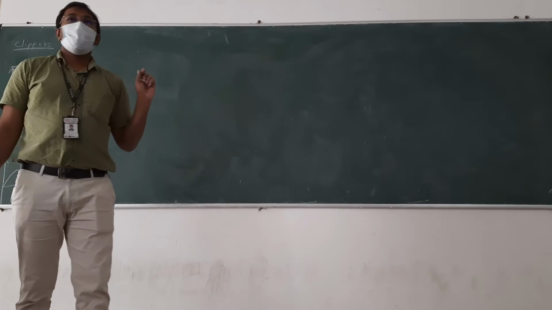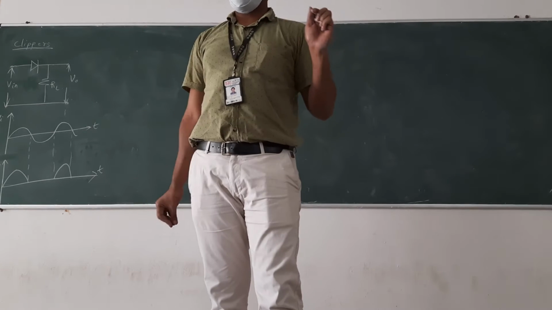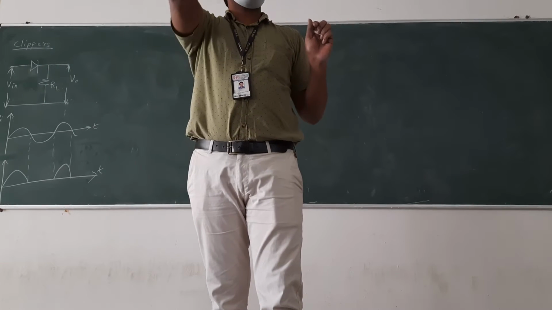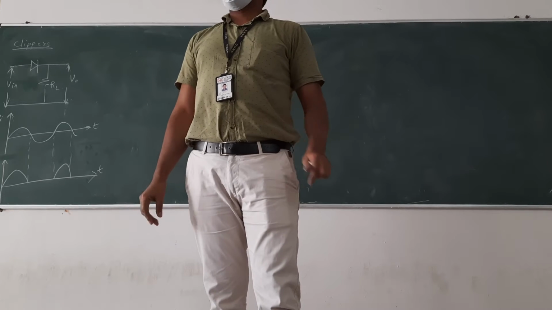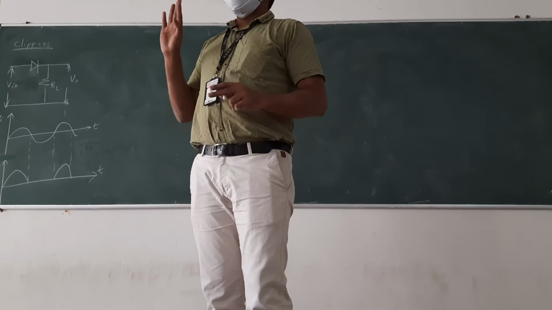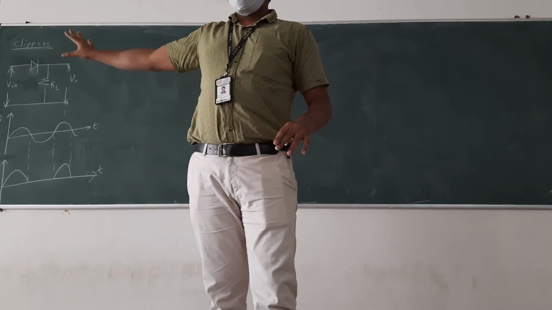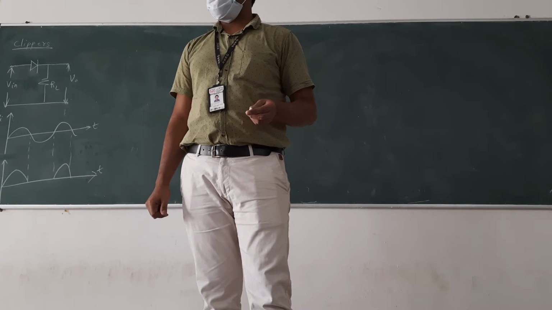What we are doing in the half wave rectifier circuit is eliminating the negative half cycle. So the half wave rectifier circuit is also a clipper circuit. Before we go into the details, let us see the categories of clippers we have.